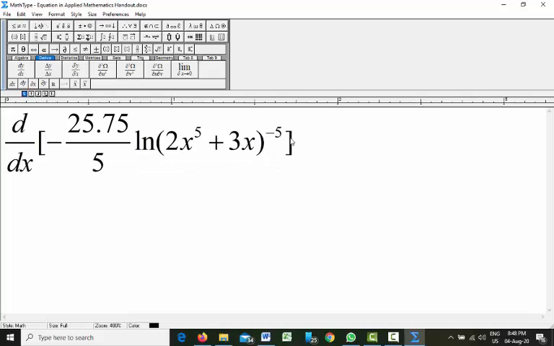So we have something like that. So if you want to do differentiation of this one, how do we do it?